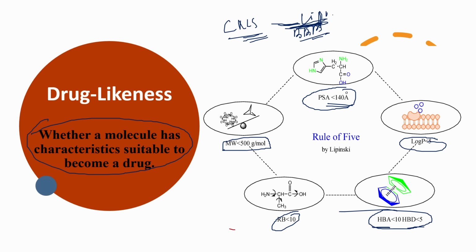So in that case, we can exclude the log P rule, because for reaching the brain, the drug should cross the blood-brain barrier. So the log P may vary, it may be more than 5, and that is acceptable.